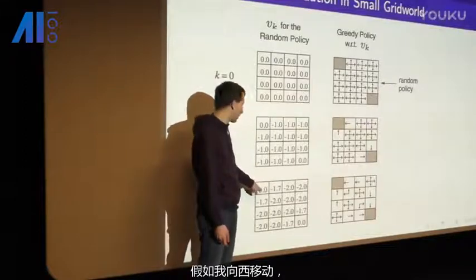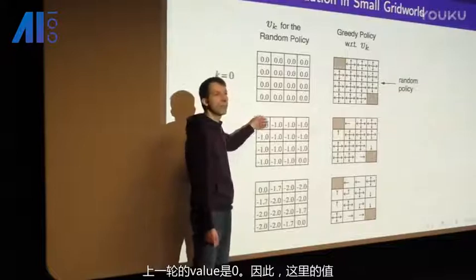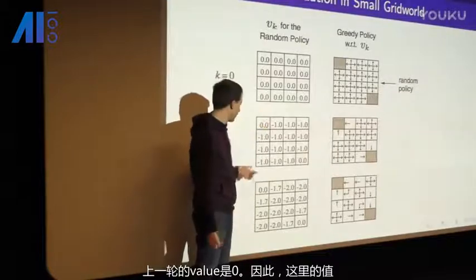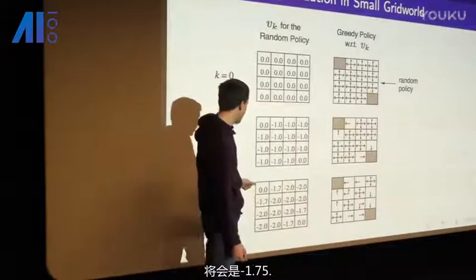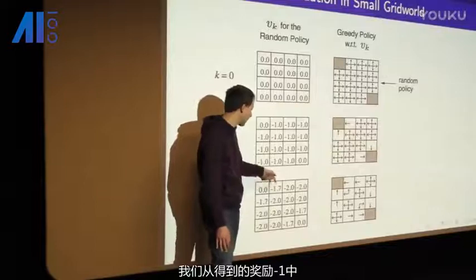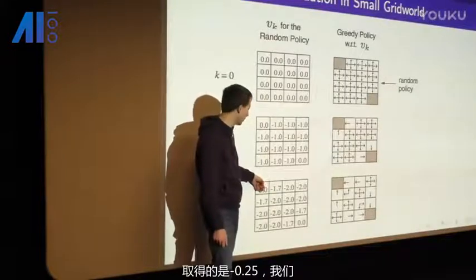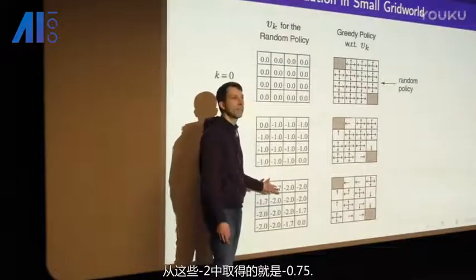But if I go west, there's going to be an immediate cost of -1, and then my estimated cost of the goal is 0. So this should be -1.75. I've got 0.25 probability of just getting -1 for the immediate cost, and I've got 0.75 probability of getting -2.